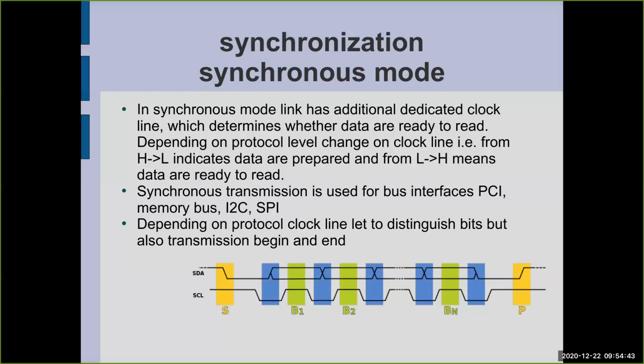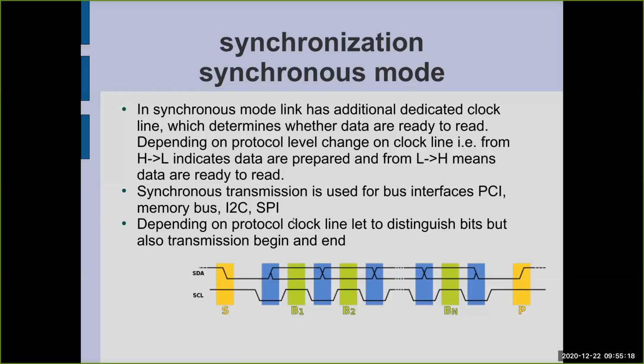But in fact, you can see that synchronous transmission is used for PCI, which seems to be quite an old interface in computers. For the memory bus, which is the fastest interface in our computers. For I2C or SPI, which are interfaces used for microcontrollers, not for computers.